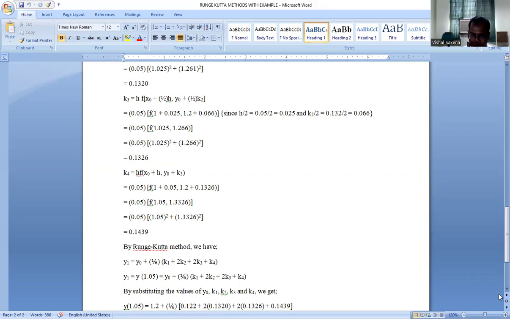Then a term K, which is capital K, can be given here. K means 1 upon 6 into (K1 plus 2 K2 plus 2 K3 plus K4).